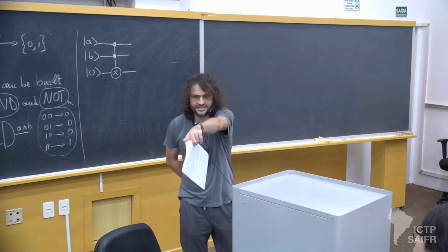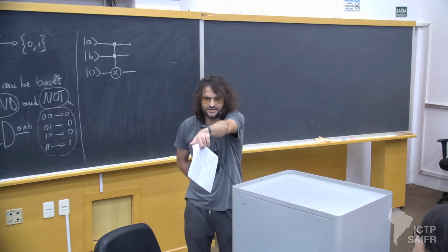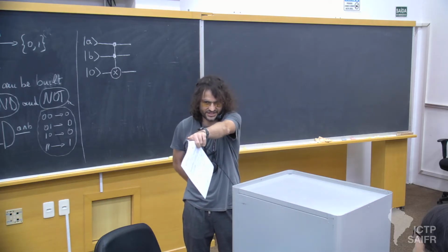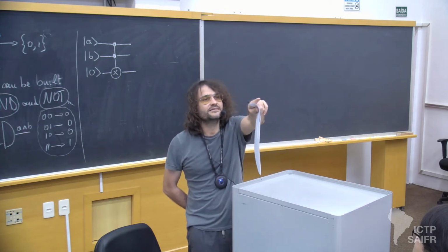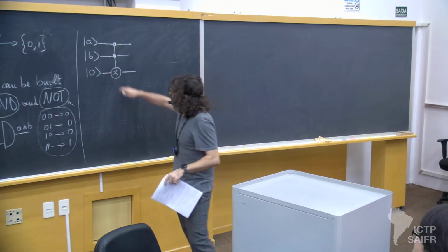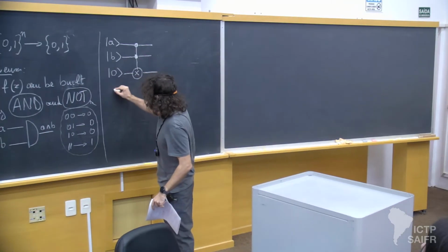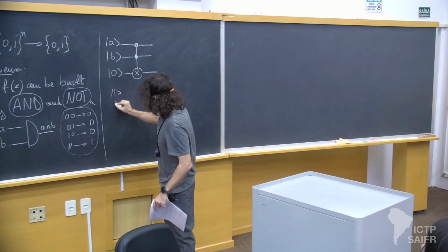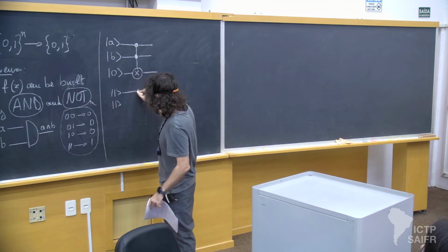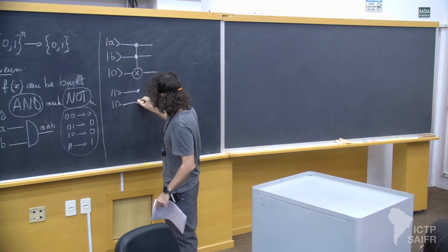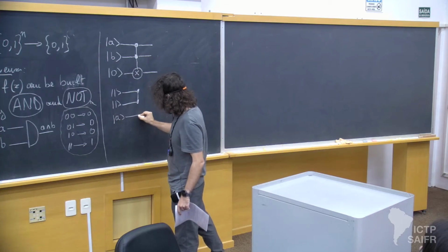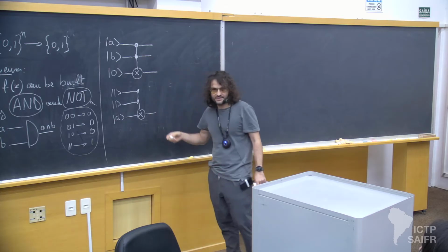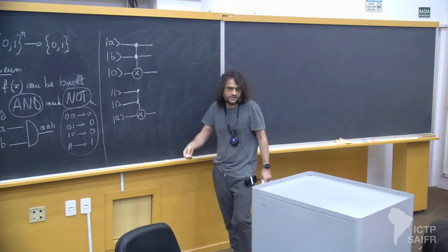Yes: if you set A and B to 1, they enter into the Toffoli and activate it, such that the target always gets negated.